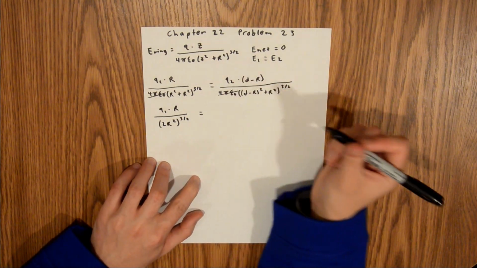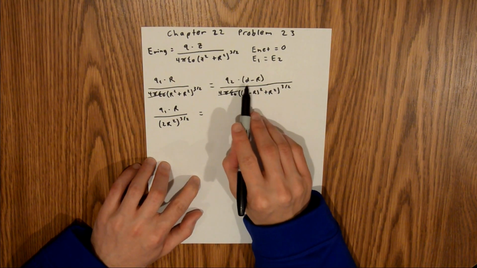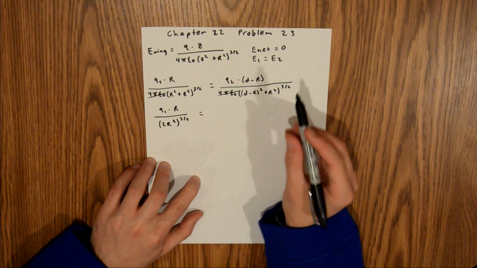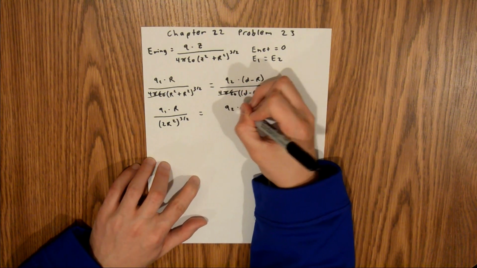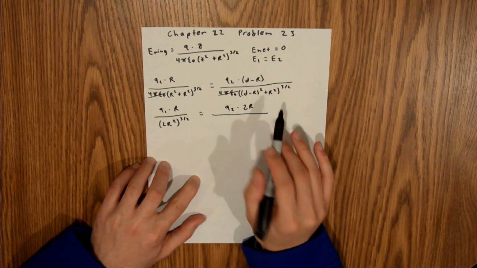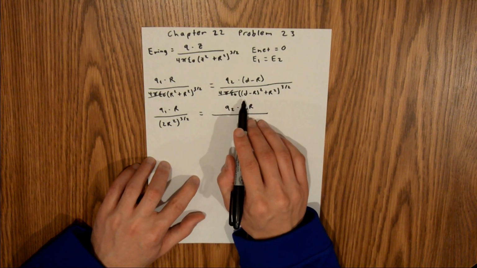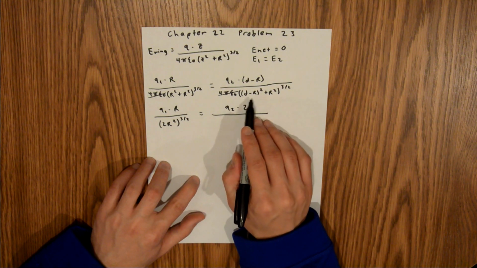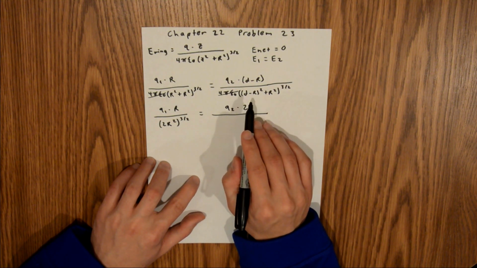And on this side we have d minus r, which is 3r minus r, which is 2r, so we'll have q2 times 2r divided by this term, and again d minus r is 3r minus r, which is 2r.